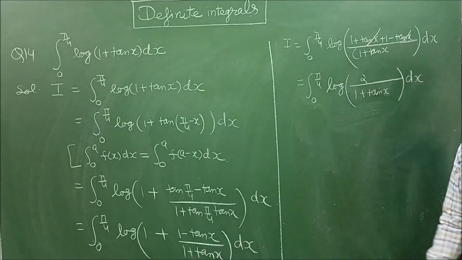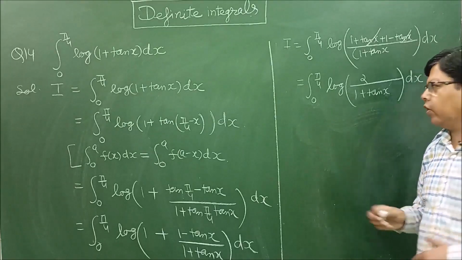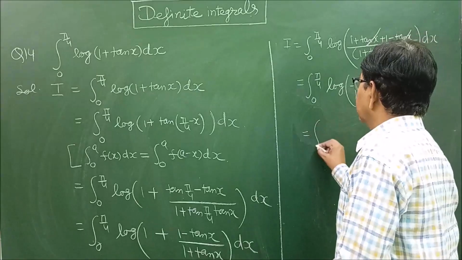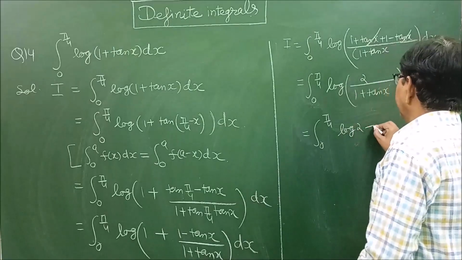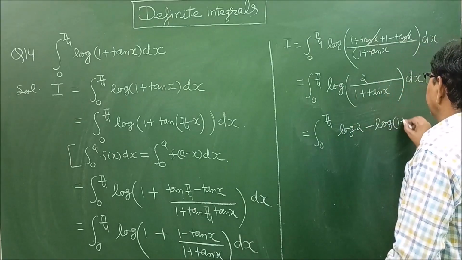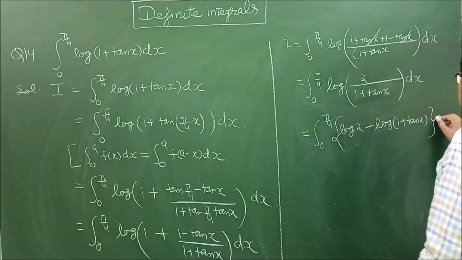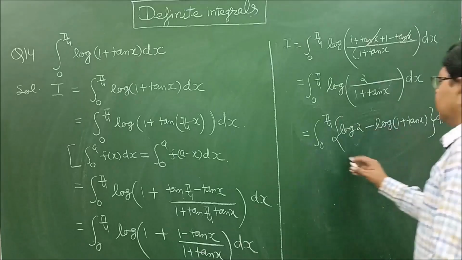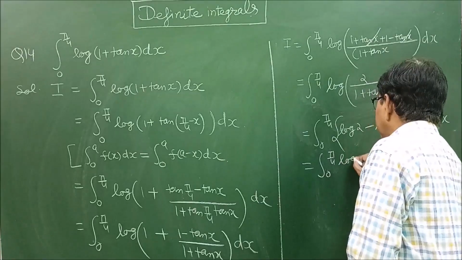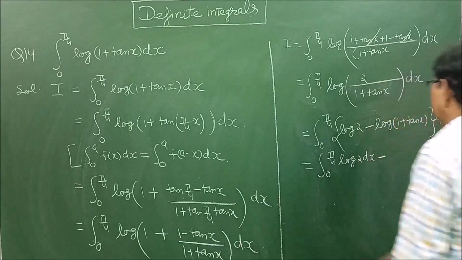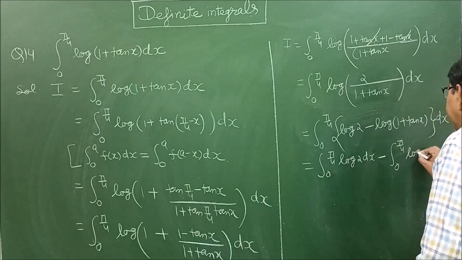Now using the log property, log m upon n is equal to log m minus log n. So this can be written as 0 to pi by 4 log 2 minus log of 1 plus tan x dx. Now separating the two functions here, I can write this is equal to 0 to pi by 4 log 2 dx minus 0 to pi by 4 log 1 plus tan x dx.